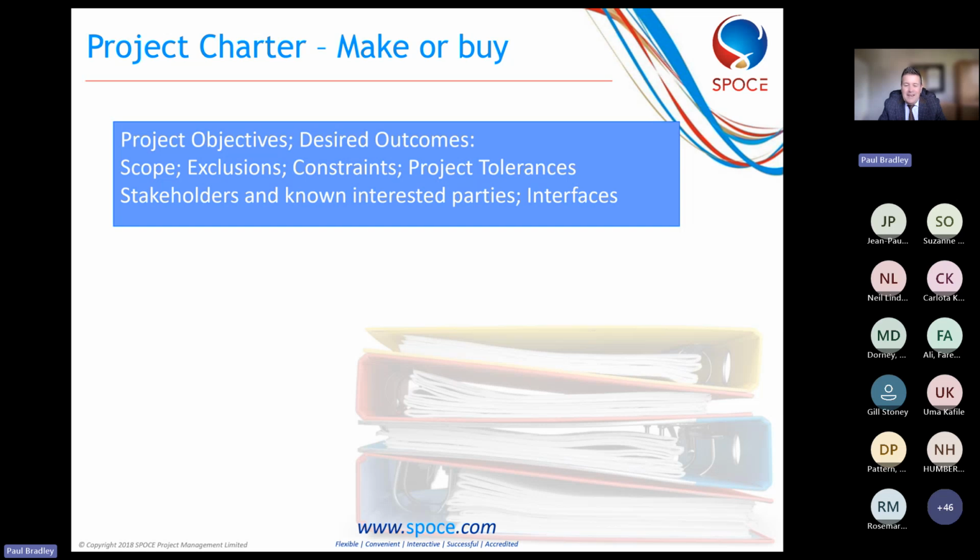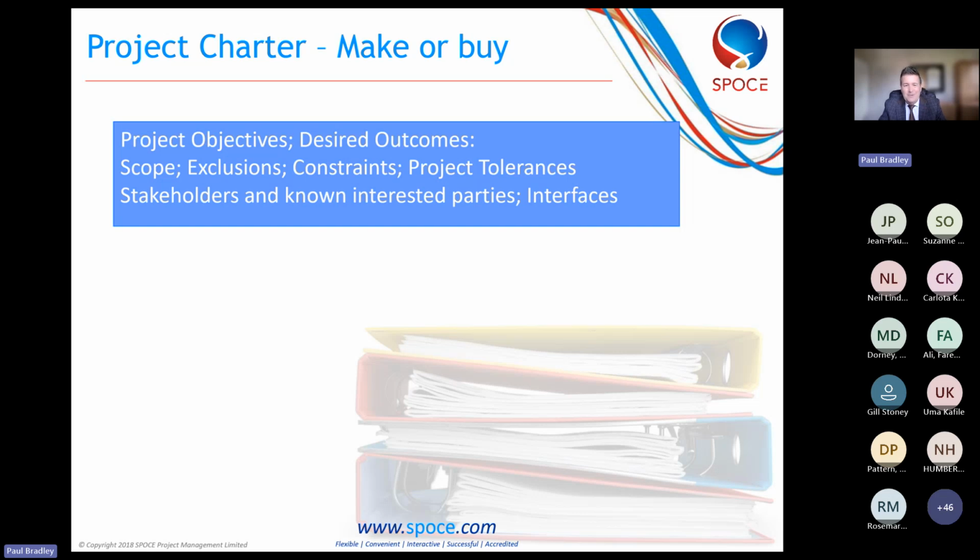Stakeholders and known interested parties and interfaces. So who are the stakeholders? Who has an interest in your project? They may be funders, they may be the community, they may be regulators, it might be the organisation, might be partners, might be the project management team themselves. Okay, so looking at who the stakeholders are, what power they have, what interest they have in your project, what influence they might have on decision making, and who's going to get what information.